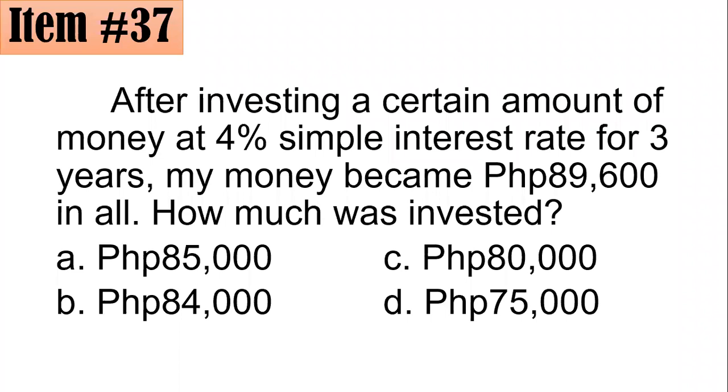Okay, sige. May I ask po, ano po yung process na ginawa ninyo dito? Sir Freddy, may I ask po, ano po yung ginawa ninyo to solve this problem po? Sir, good afternoon, everyone. I used the same formula that I presented on the previous question, which is F is equal to P times the quantity 1 plus RT. But the final amount is 89,600.